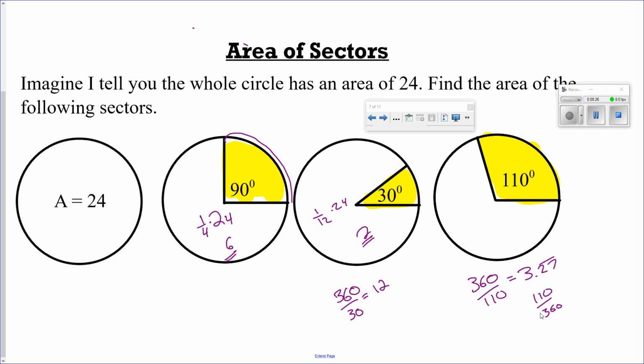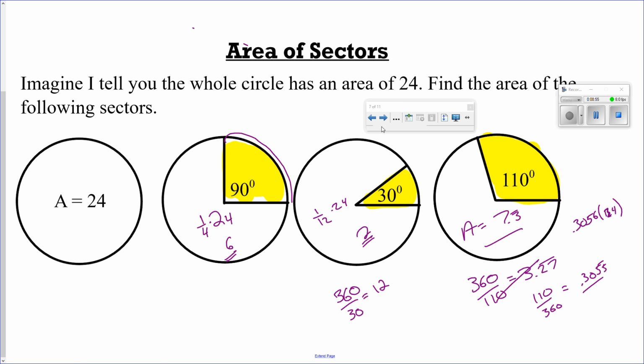That'll give you a fraction you can use. We can put 3.27 of these regions in the circle, but I want the fraction the other way around. I want to know that it's 0.3055 repeating. That is how much of the circle this thing represents. So I do 0.3056 times the 24. The area of this guy is 7.3 repeating.